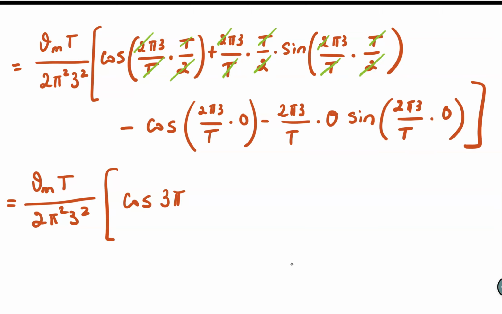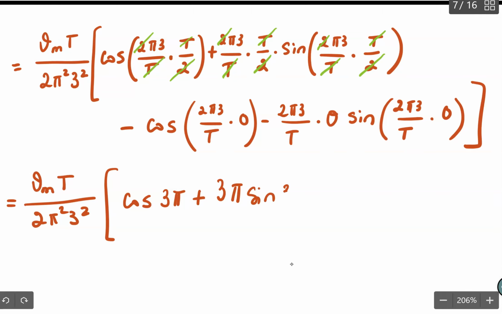And what I have left next is I am going to add that with 3 pi times sine of 3 pi. Okay, so I've done this one, I've done this one. The next step is the cos of 0.